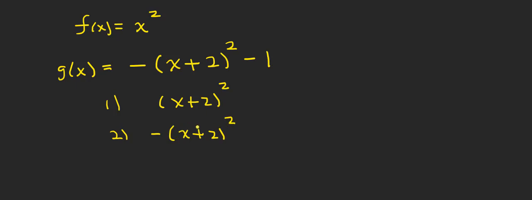So after the horizontal translation, there's going to be a reflection with respect to the x-axis. And then everything's going to move down once, because you have a negative 1 at the end.